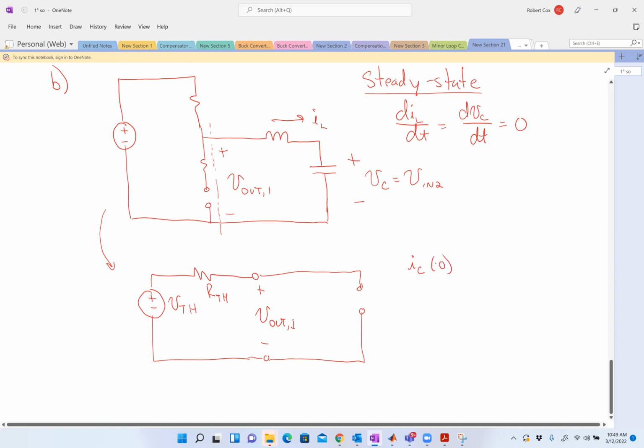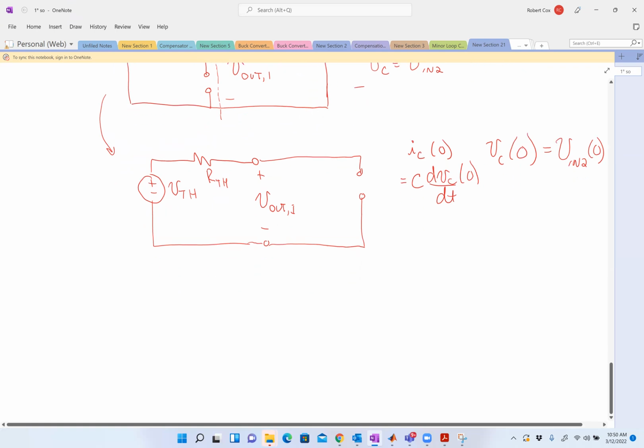What's the initial capacitor current and what is the initial capacitor voltage, V sub C of 0, or as I'm calling it in this problem, Vn2 of 0. I sub C of 0 gives me C dVc/dt of 0. That's really what I'm getting at in part B, is to get those initial conditions I'm going to need later to solve for everything.